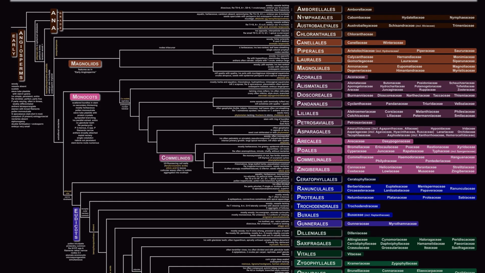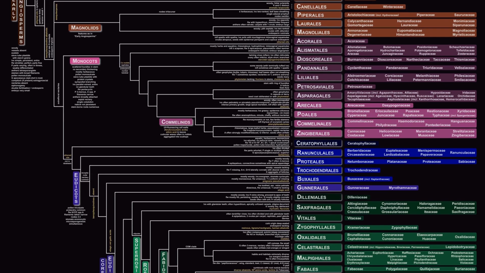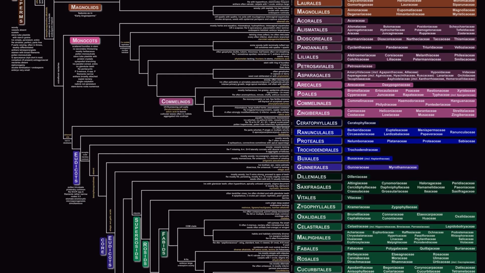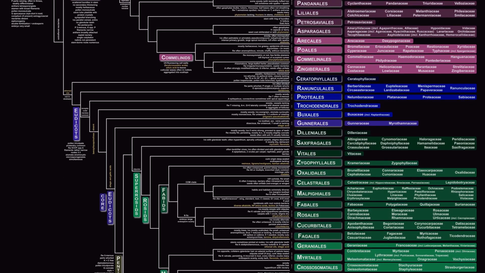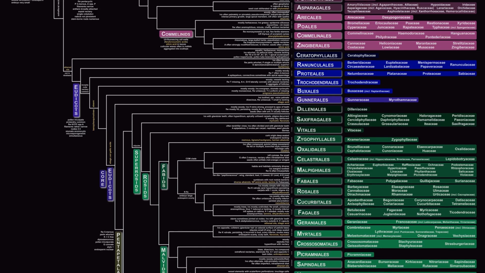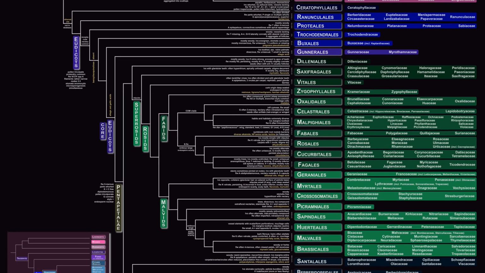The APG4 system, released in 2015 by the Angiosperm Phylogeny Group, an international collaboration between botanists, is the latest of 4 updates to a classification system started in 1998 that was intended to standardize and unify plant taxonomy based on the latest technology and molecular phylogenetics.